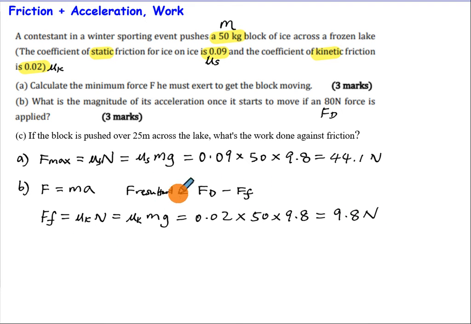And now we can use our resultant force formula. F resultant equals driving force, 80 newtons, minus 9.8, and that should equal my mass times acceleration.